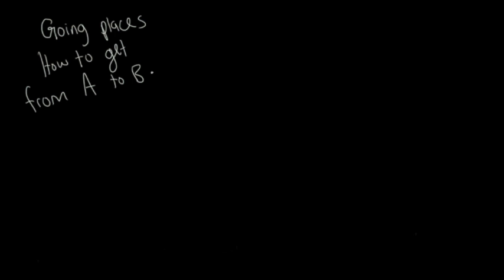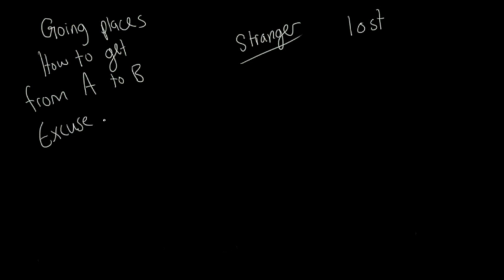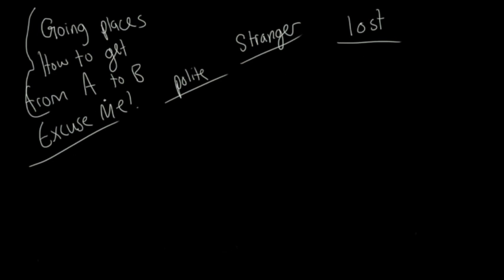So when you see a stranger on the street, a stranger is somebody you don't know, the best way to begin talking to them, if you need help, if you're lost, if you don't know where you are, you can say, "Excuse me." This is the most common and best and most polite way to begin this kind of situation.